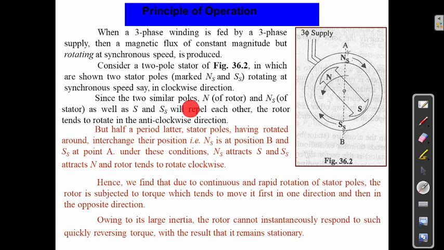Since the two similar poles, N of the rotor and Ns of the stator, as well as S and S, will repel each other, the rotor N tends to rotate anti-clockwise while Ns rotates clockwise. So the rotor tends to rotate in the anti-clockwise direction.